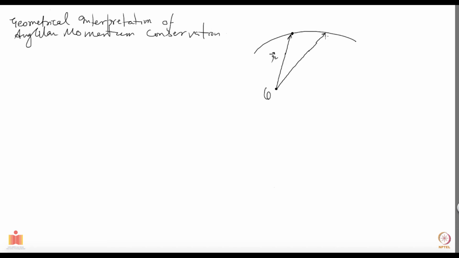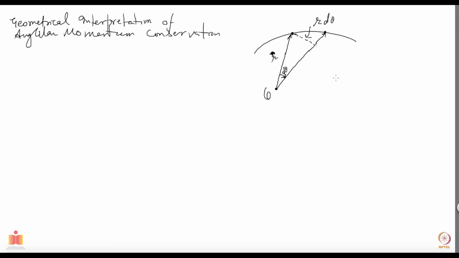It moves here and it covers an angle d theta. Okay, let me drop a perpendicular here, and this arc length is, so this is r, the radius vector. This is r d theta.